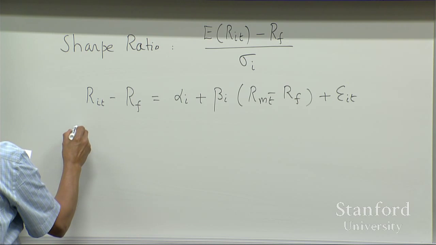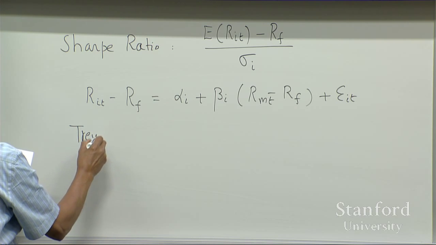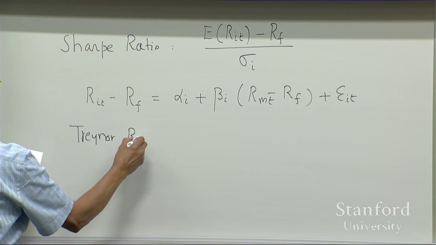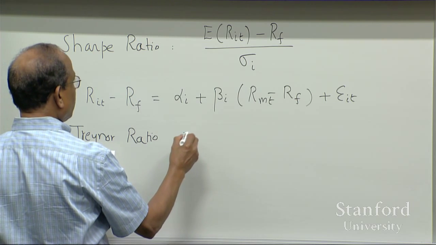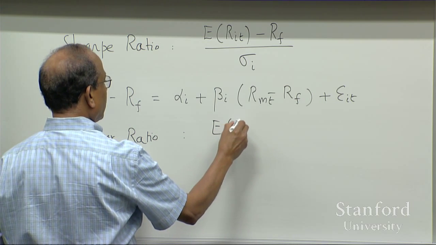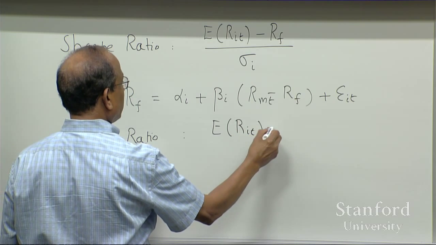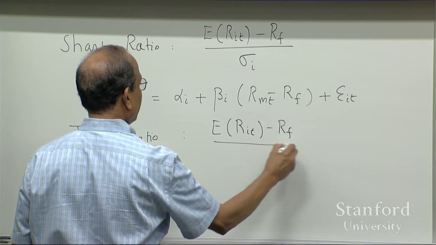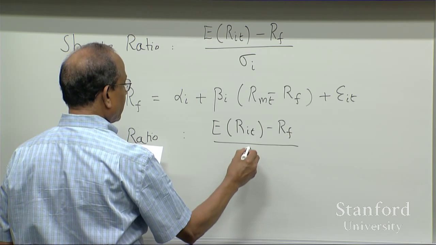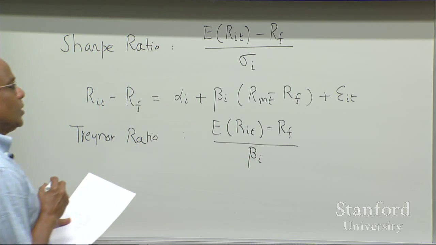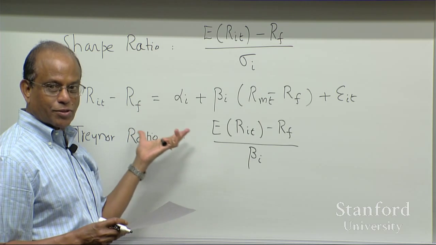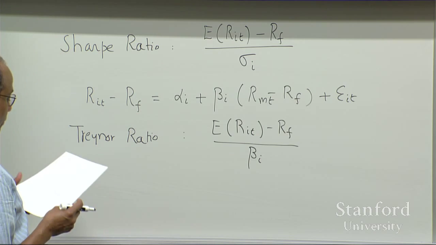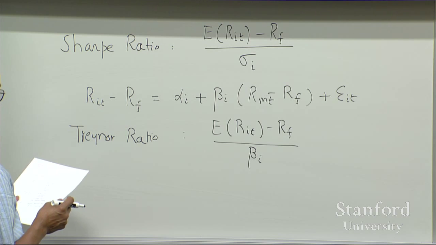They also look at the Treynor ratio. The numerator, which is sometimes called the risk premium, is R_i minus R_f, divided by beta_i. So what does beta_i signify? Beta_i is supposed to be how much risk you are taking for the excess return. So that is the coefficient they use.